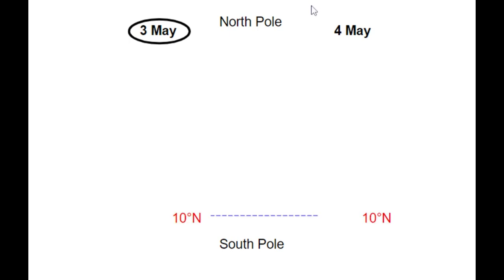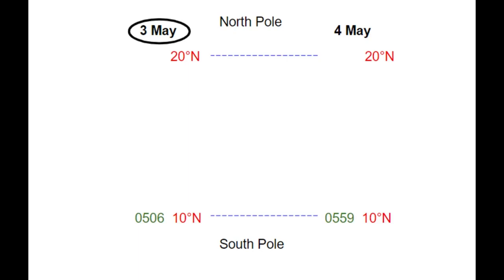Next up, we need to figure out what our base latitude is. That's the one that's closest to the equator, in this case, 10 degrees north. At our base latitude, the moon will rise on 3 May at 0506 LMT and on 4 May at 0559 LMT. Since we're not at 10 degrees north, we're about 16 degrees north, based off the Nautical Almanac, we are between 10 and 20 degrees north, being our tabulated latitudes.